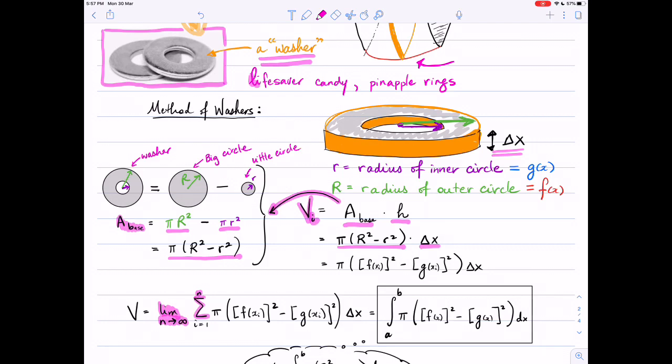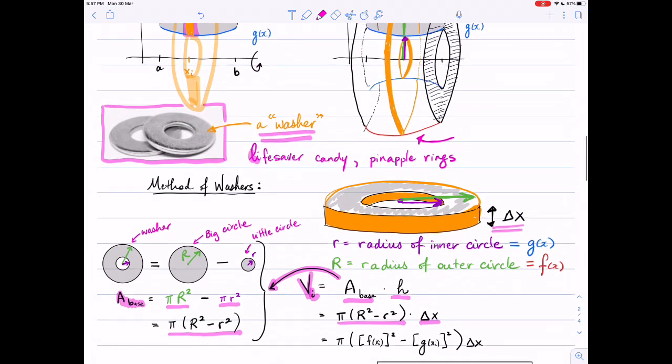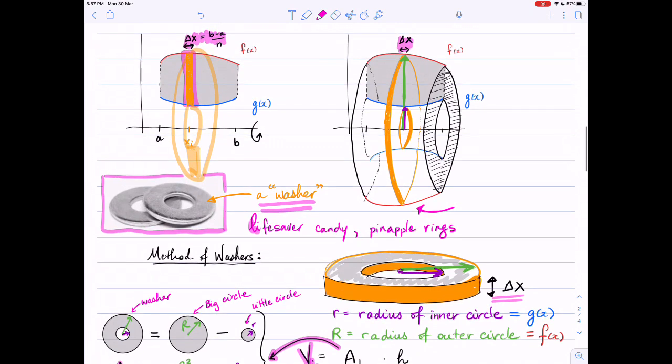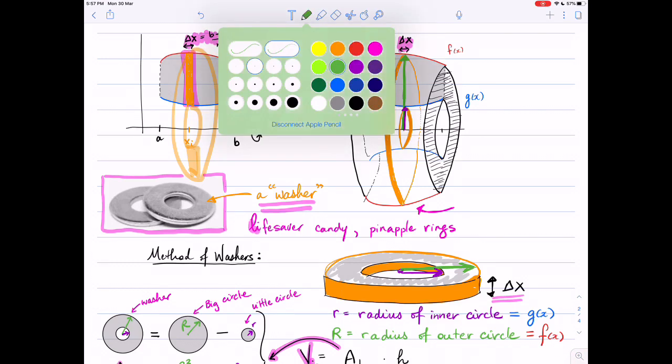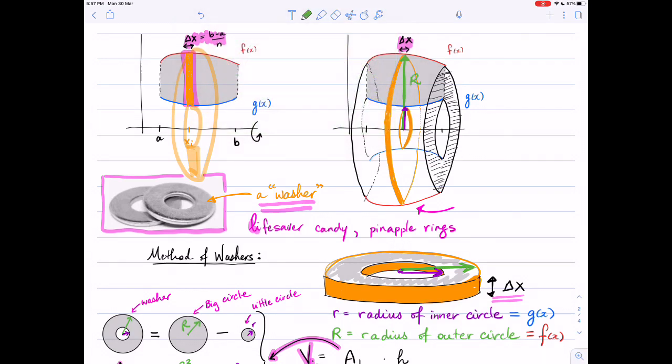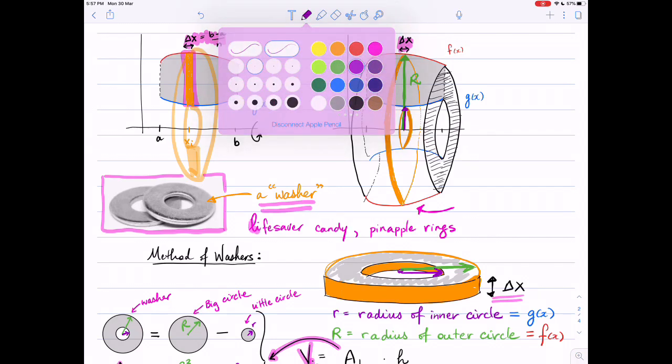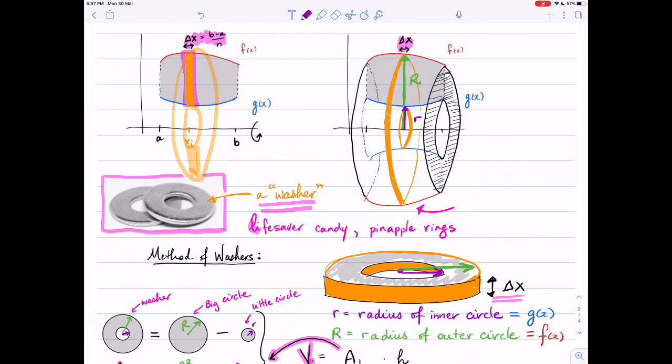Now what we need to see is how do our functions play into these two radii? So if we look up again on the graph here, we're looking for the big radius, which we called big R, which is in green, and we're looking for the little radius, which is little r, which I've written in purple. And from the graph, it's pretty easy to see that the big radius is, well, it's from the axis of revolution.